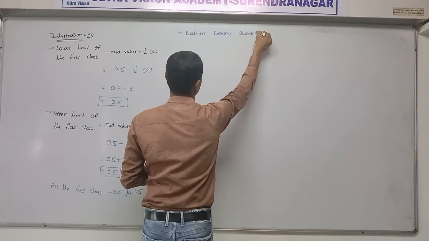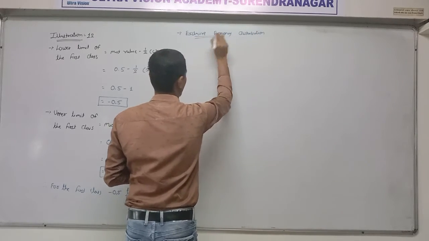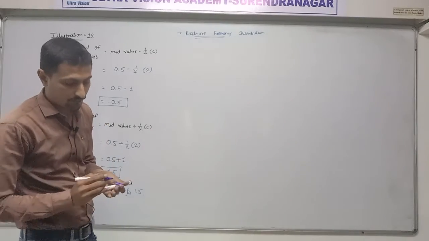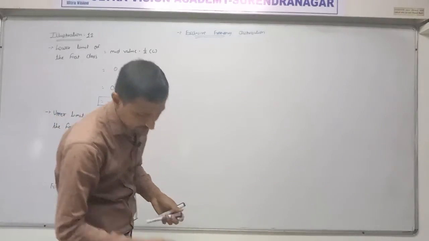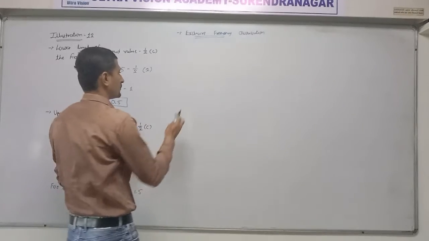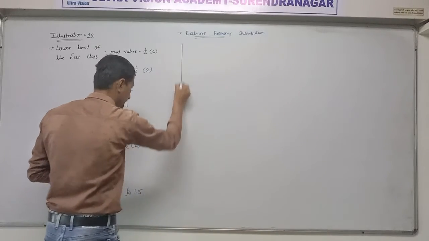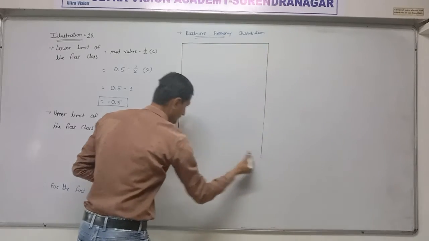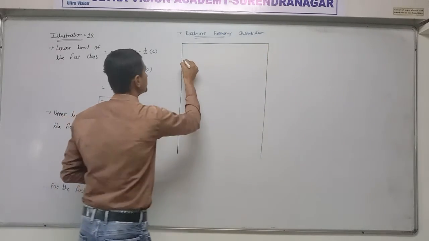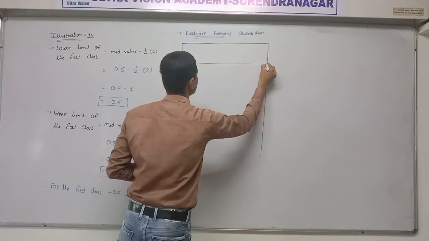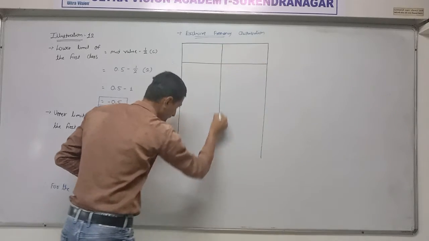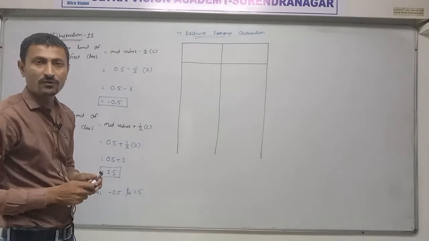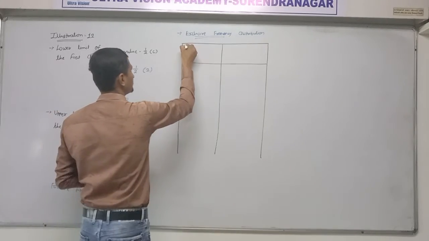The exclusive frequency distribution is the number of errors per page. Write two columns. First heading: number of errors per page.